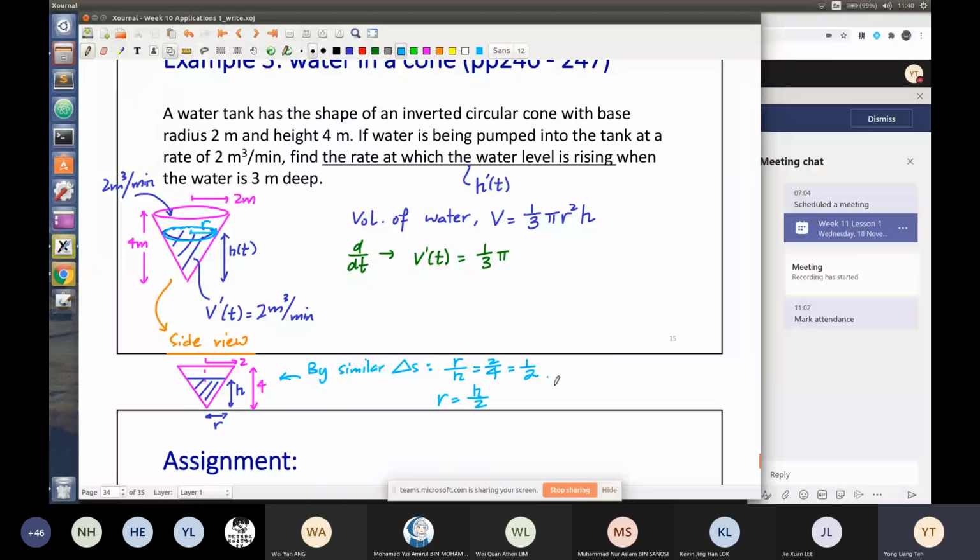I'm going to do a substitution here, and you're going to get 1 over 3 pi times h over 2 squared. So my expression becomes, this is 1 over 4, so this hence is 1 over 12 pi h cubed. Any objections so far?